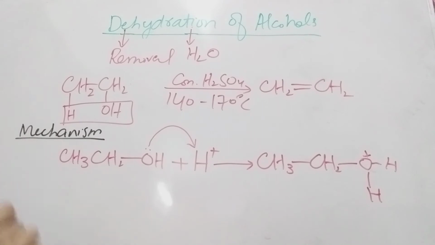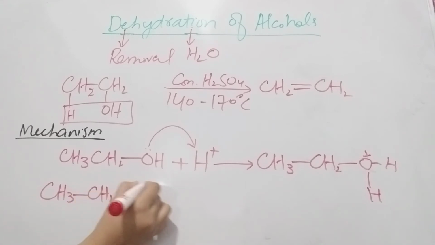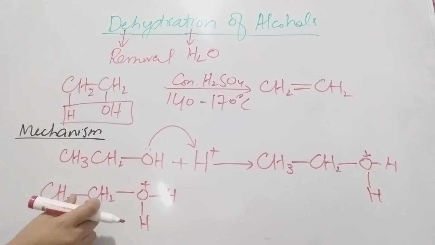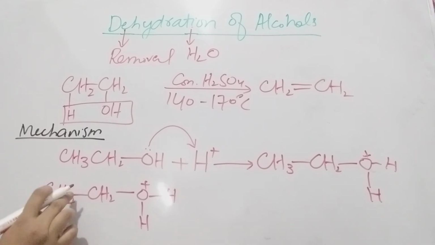Here is the positive charge, and in the second step, this positively charged ion, whenever there is water formation, then definitely from this compound water will readily evolve. That is because you have this particular hydrogen at this carbon atom.